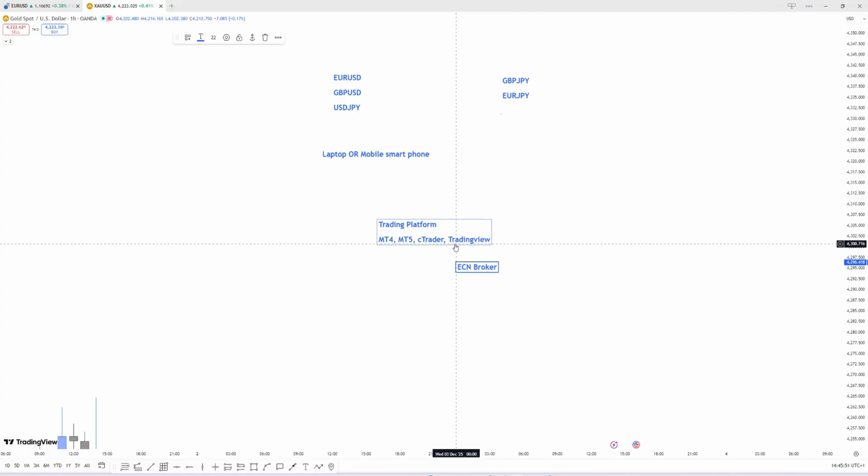It is ideal for technical analysis, as I said, for backtesting, and for building your strategy. That's the major reason why TradingView is widely used as a charting tool.